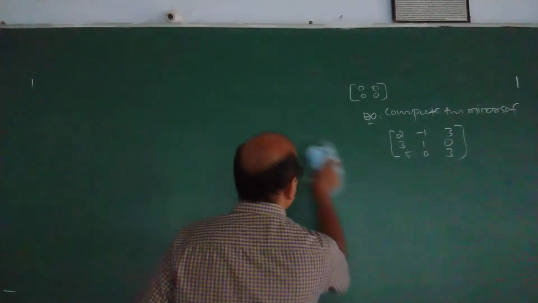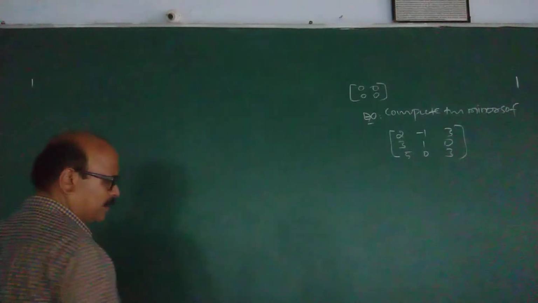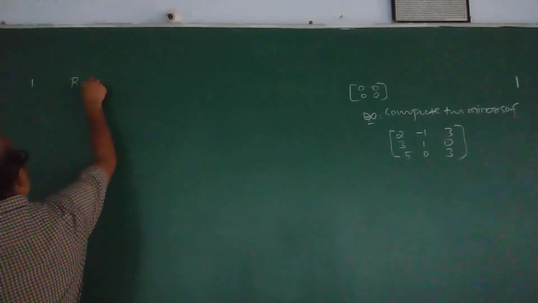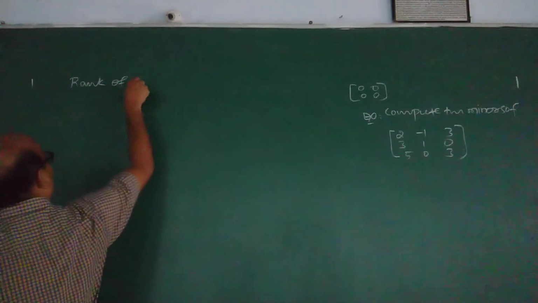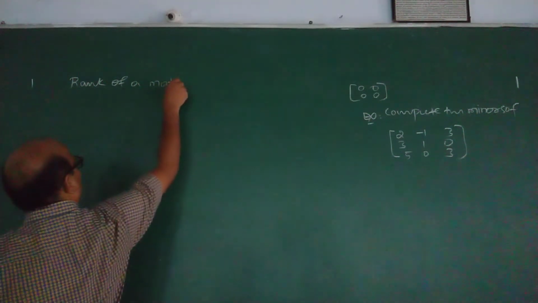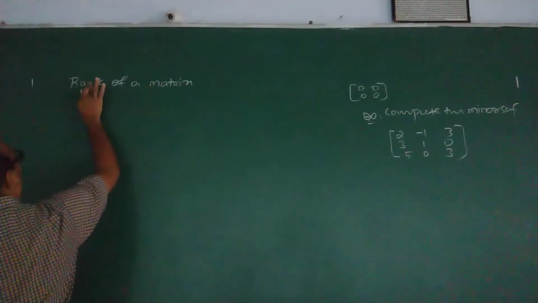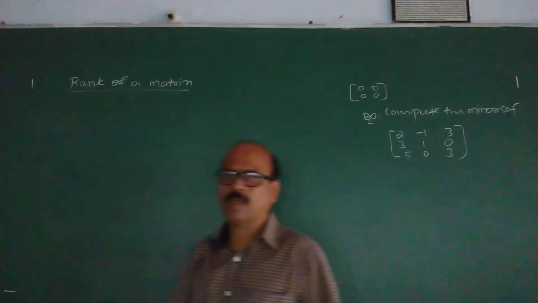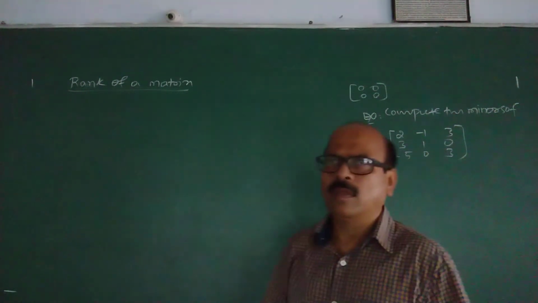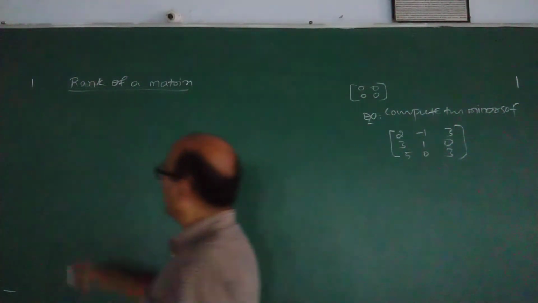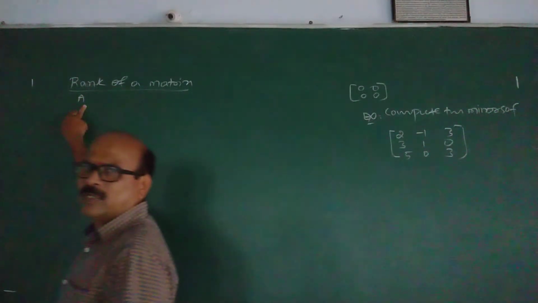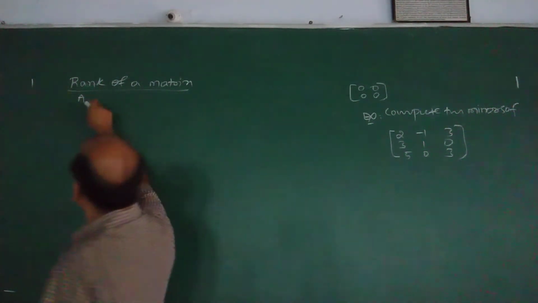With this idea, now we define what is the rank of a matrix. Rank of a matrix involves minors. Suppose A is any matrix, maybe a square matrix or rectangular matrix, any type of matrix.